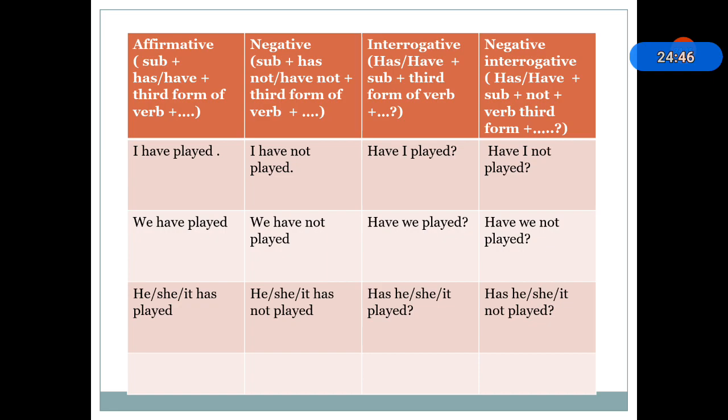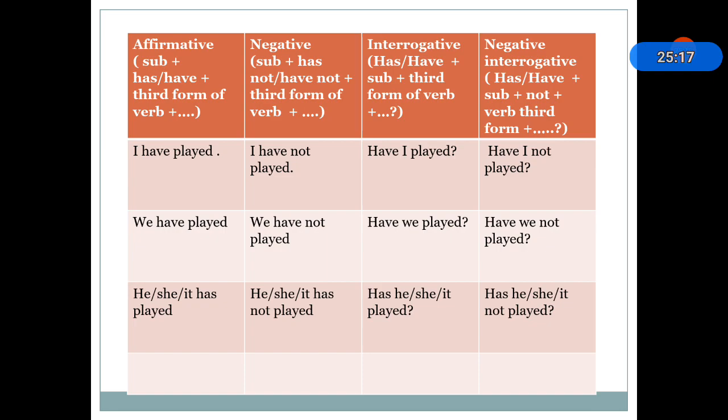Now next, negative form. The rule for negative sentences is subject plus has not or have not plus third form of verb plus object. Example, I have not played, we have not played. He has not played, she has not played, it has not played.